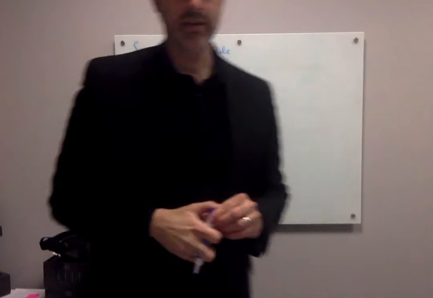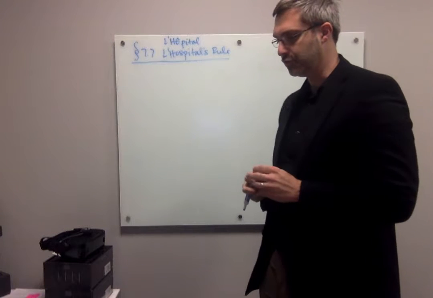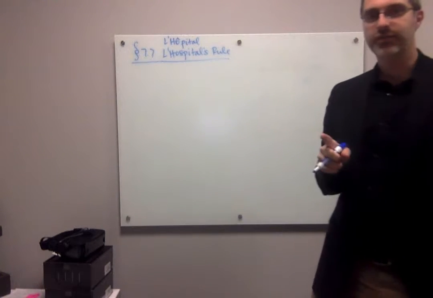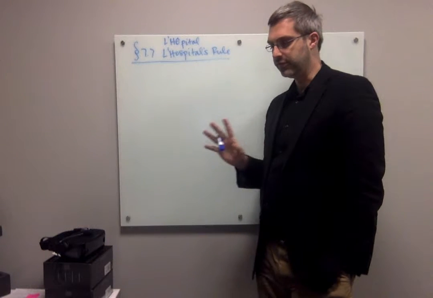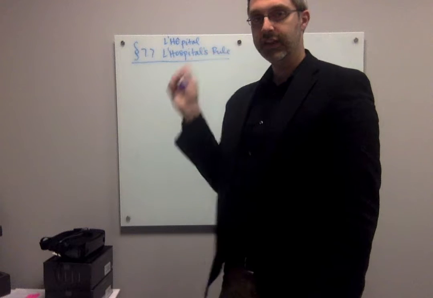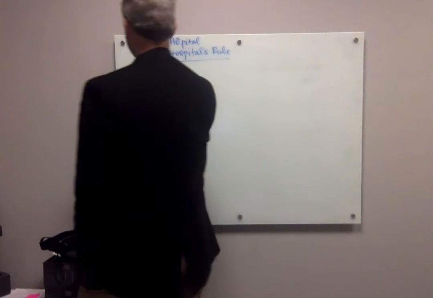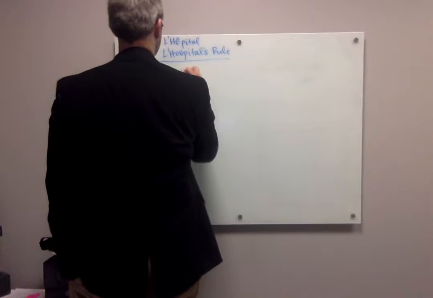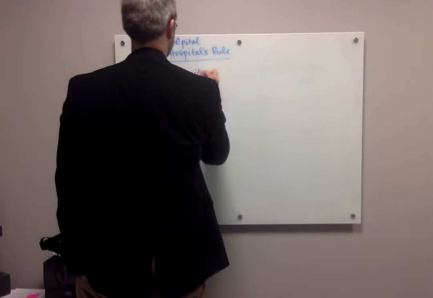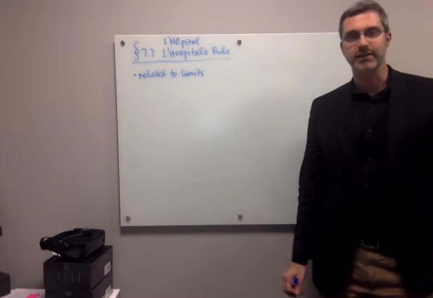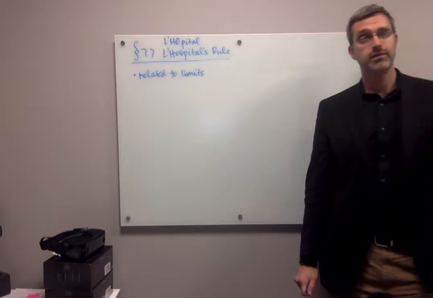Okay, and I'll give you a little bit of history behind this rule. But let me talk a little bit about the rule first before I give you a little bit of history. This rule is related to limits, which harkens us back to Chapter 1, I think.